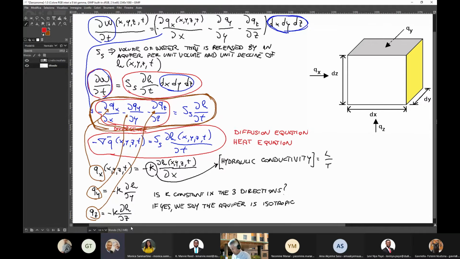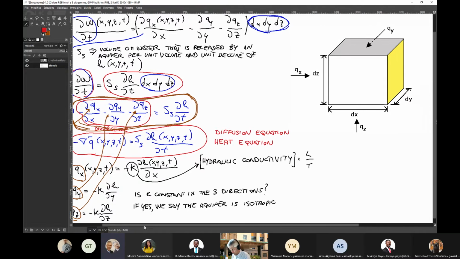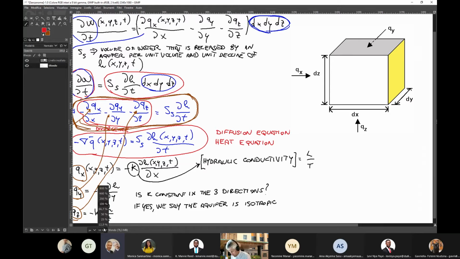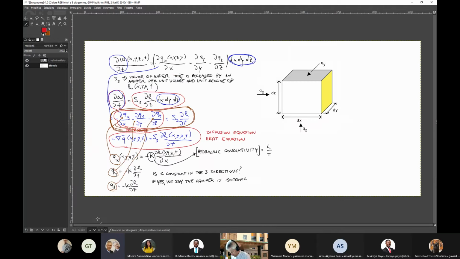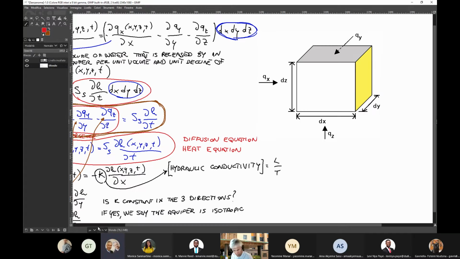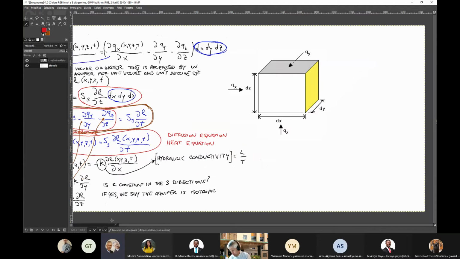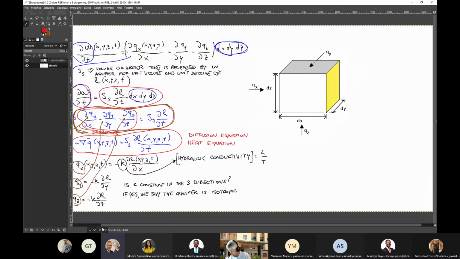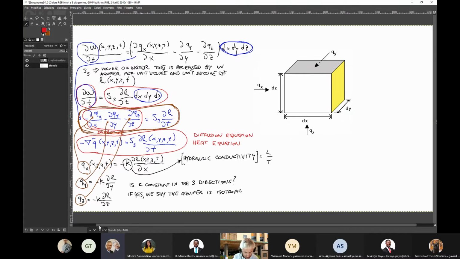Let me make it a little bit smaller. Okay, very good. So you can see on the screen everything.